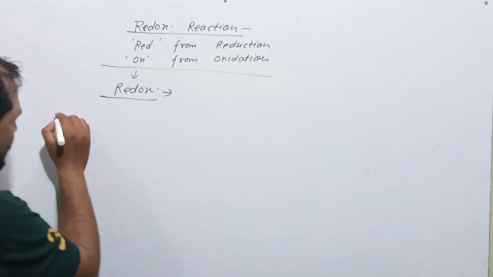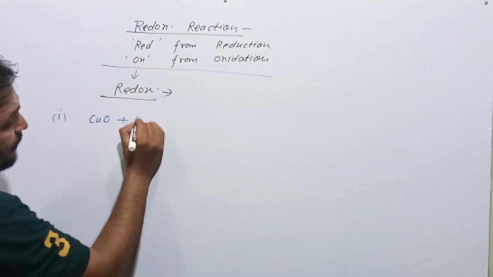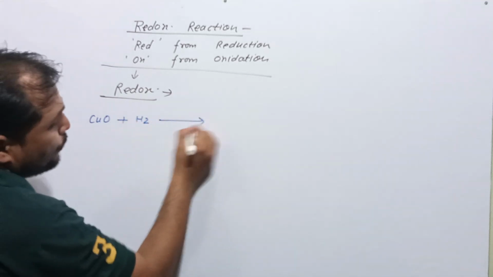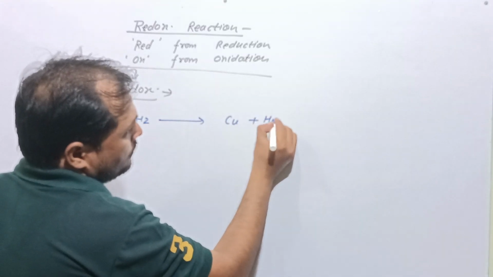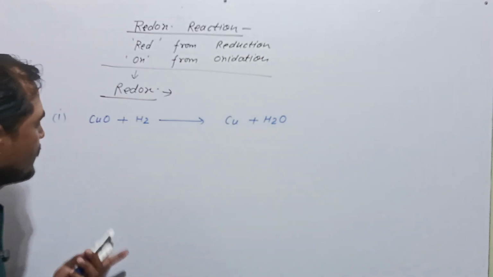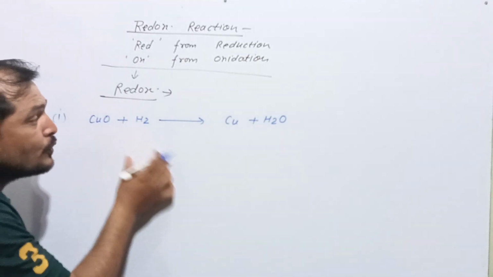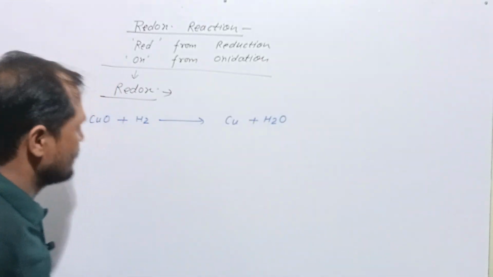For example, let us start with the first example. CuO, copper oxide. When copper oxide comes in contact with hydrogen, it provides the product copper plus H2O. Now we can see that copper oxide is losing its oxygen and hydrogen is gaining oxygen.